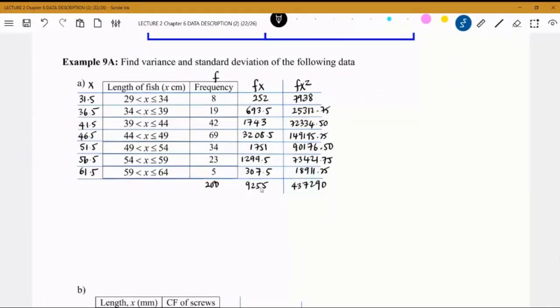So for the variance, which is sigma square, we're gonna have 437290 minus 9255 square, the whole thing divided by the n, which is 200, the whole thing divided by 199.